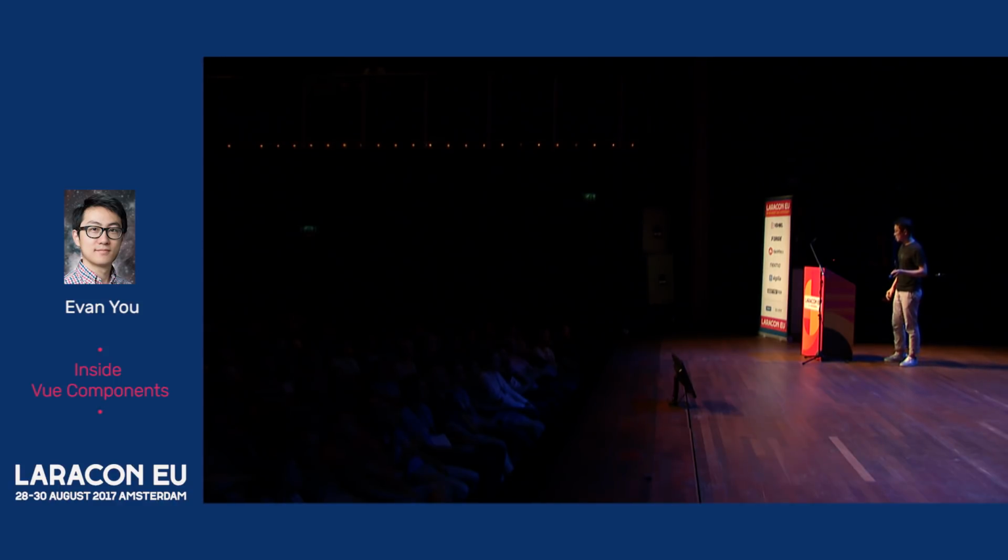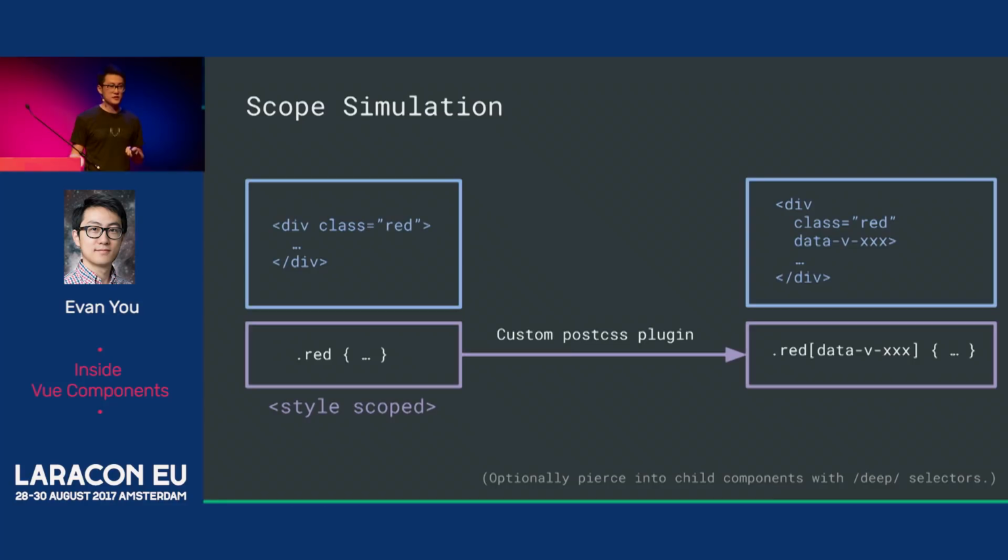And then there is the step of PostCSS, which is essentially parsing, transforming, and regenerating the CSS, which gives us the opportunity to do the scope simulation I talked about just now. So when you're using single file Vue components and you add a scoped attribute to your styles, we do two things.